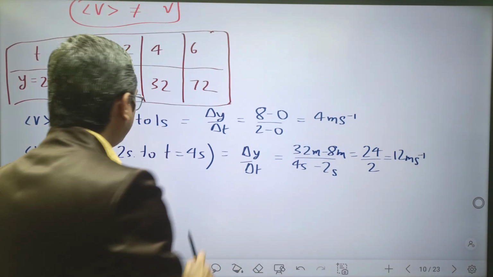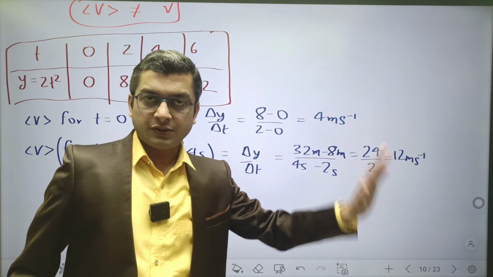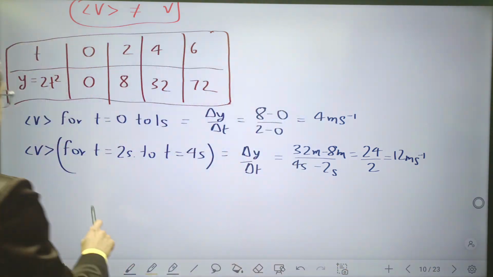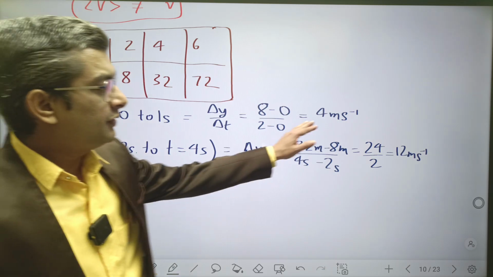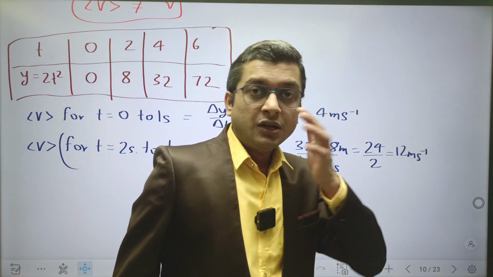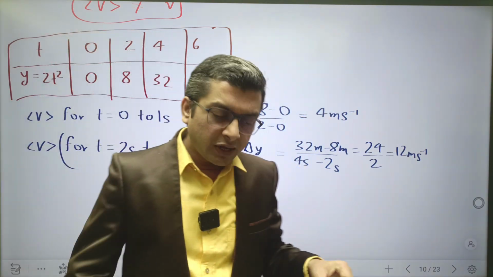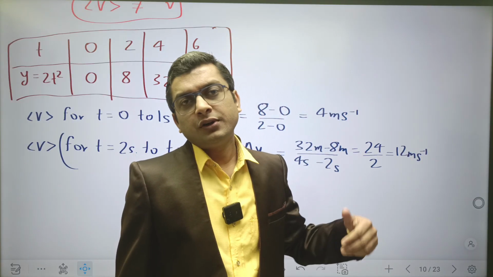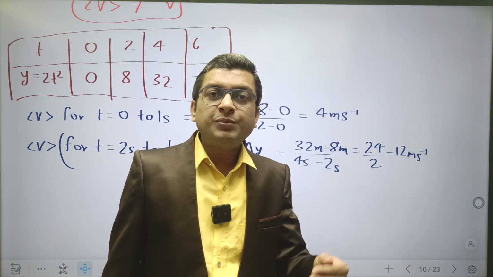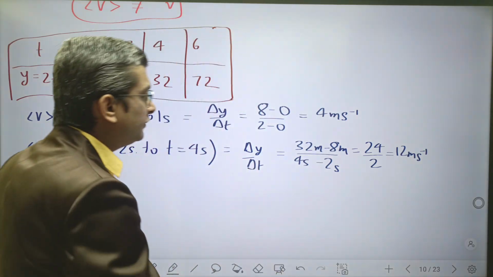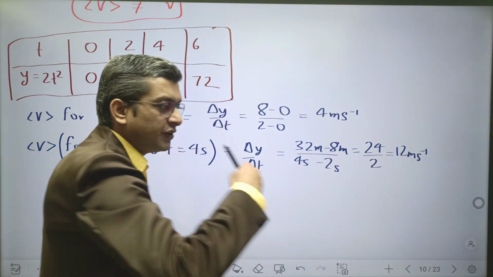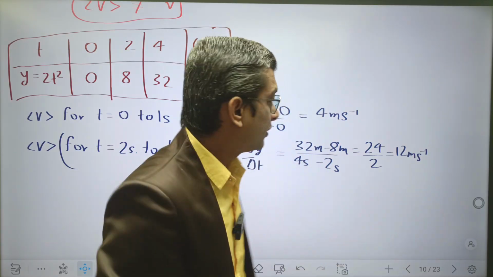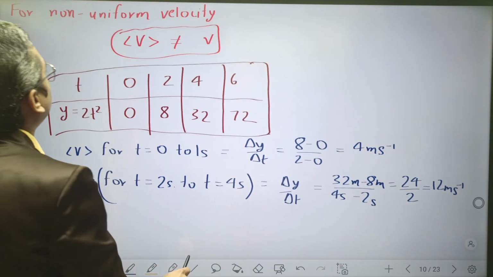As you can see, the velocity is increasing because you are accelerating, so the average velocity here is different. And if you observe the speedometer, it does not show a fixed value. It displays different readings because the instantaneous velocity of the object is increasing. So instantaneous velocity is not equal to average velocity in the case of non-uniform velocity.